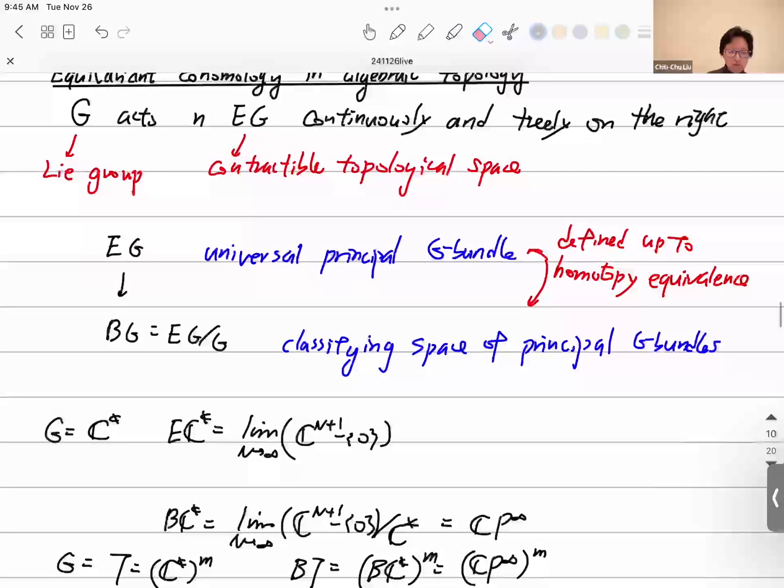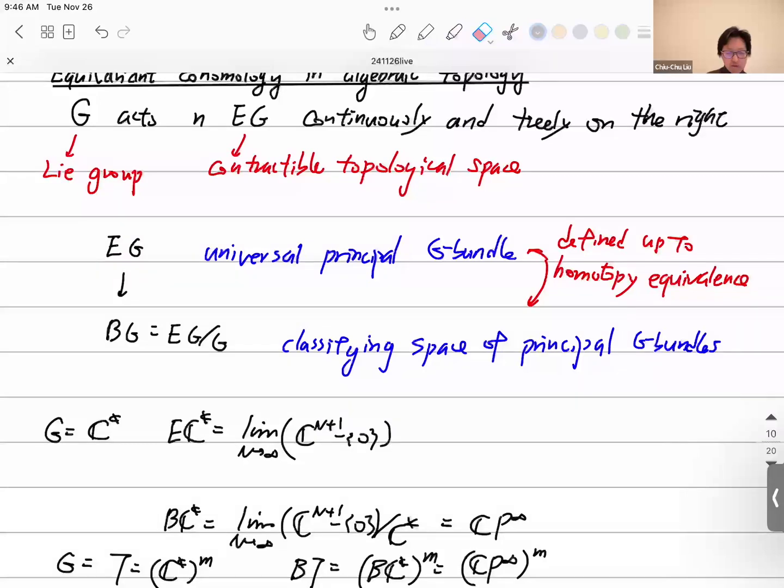For example, when G is C star, you can think of it as the following. First, let capital N be some large but still finite number. C star acts freely on C^(N+1) minus 0, and the quotient is CP^N. Now when N is finite, C^(N+1) minus 0 is not contractible.